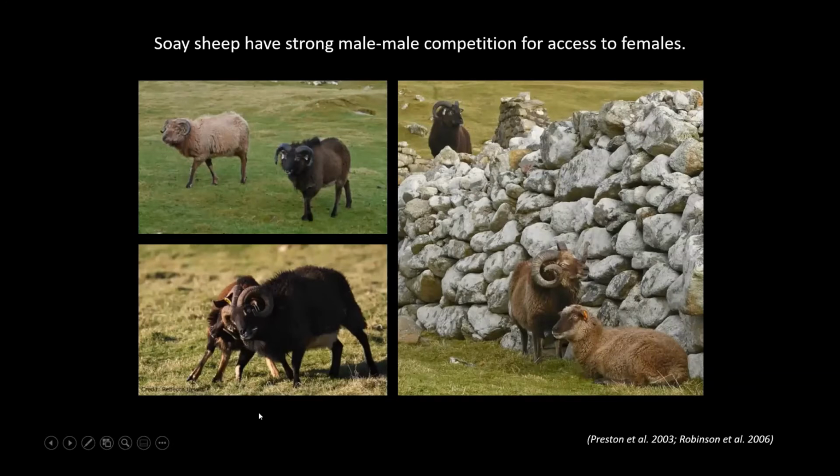Generally it tends to be the males that win these fights, or males at the top of this dominance hierarchy, that will hold the females in consort while they're in estrus, whereas males that generally have smaller horns can only really watch and hope for the opportunity for some sort of sneaky mating to happen. So perhaps unsurprisingly, males with larger horns in the population tend to sire more offspring.